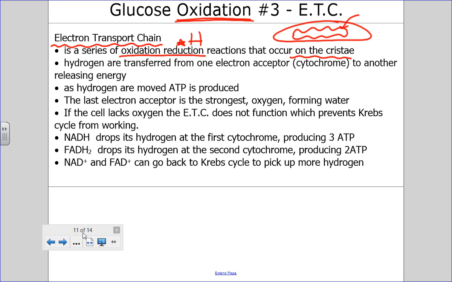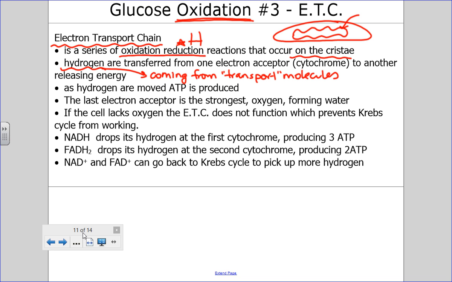So the hydrogens that are being transferred are coming from our transport molecules. That's where I'm getting them from. So these molecules that I've made throughout the other steps of cellular respiration are all coming to the electron transport chain to transfer their hydrogens.